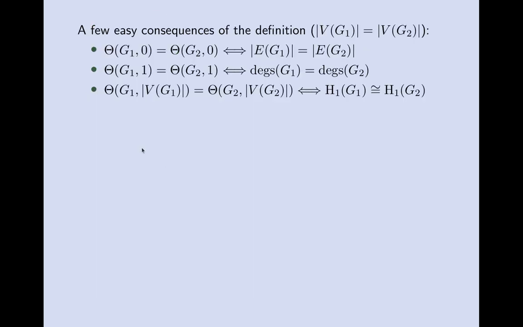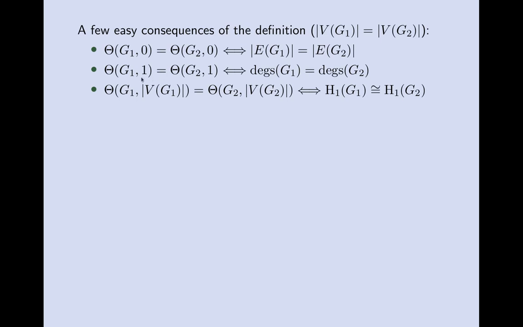And what do I mean by this? If we take two graphs G1 and G2 with the same number of vertices, then the theta sequences of G1 and G2 in degree 0 will coincide if and only if these two graphs have the same number of edges.